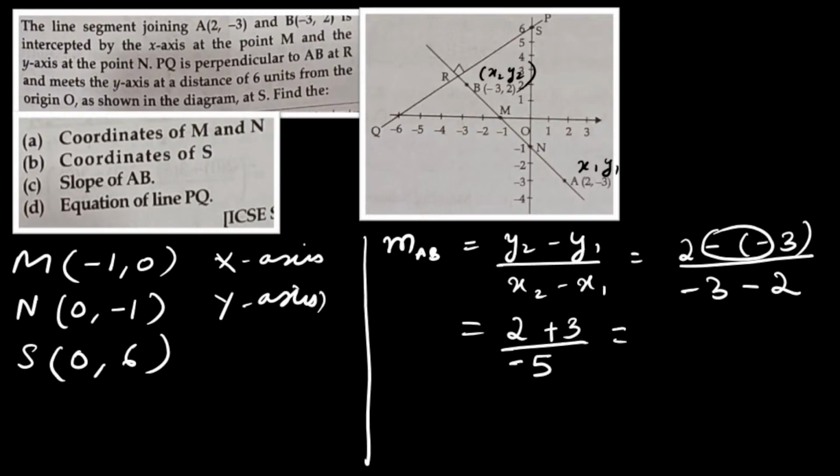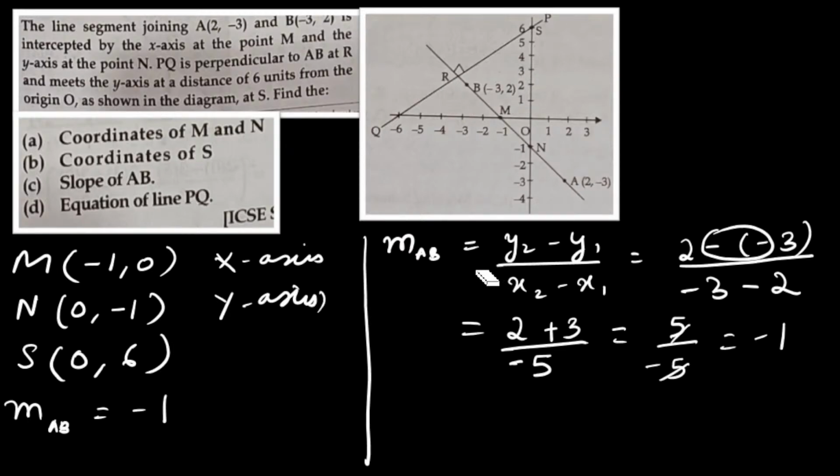Minus plus with a minus sign. So 2 plus 3 is +5 by -5. So we'll get its slope equal to -1. So slope of AB is equal to -1. So this was a very direct question, everything is there in the given figure itself, and if you can see the figure correctly, everything can be done.